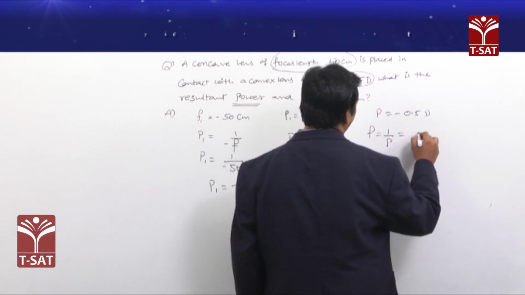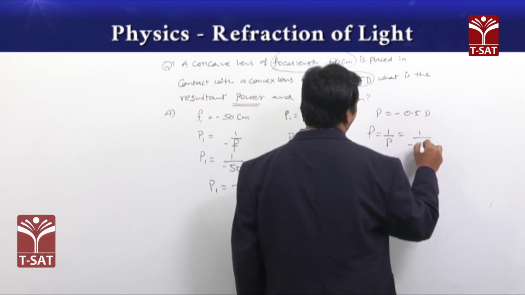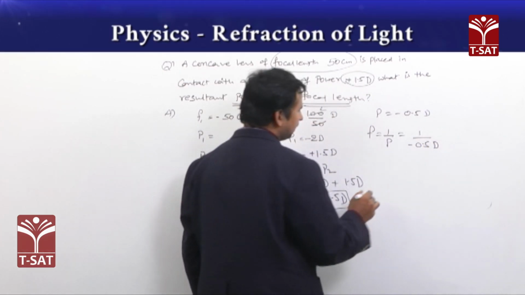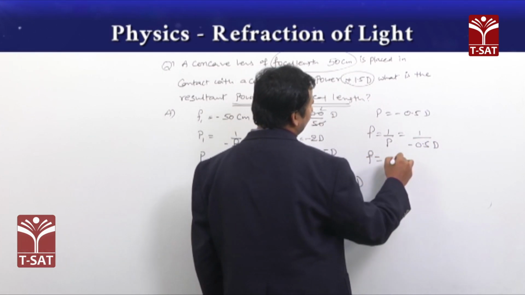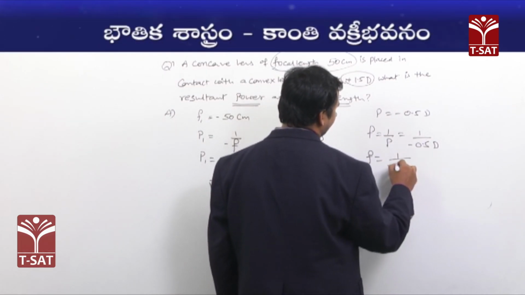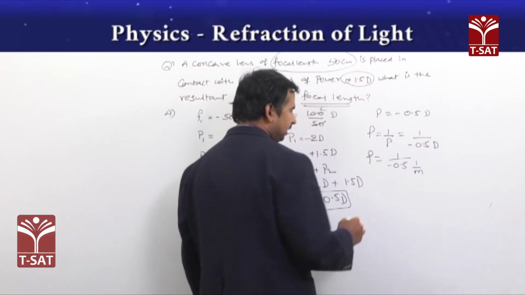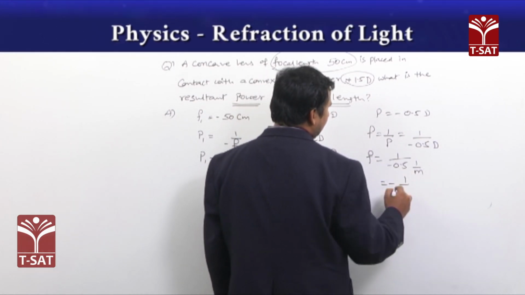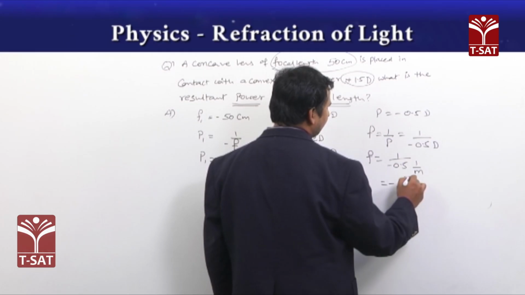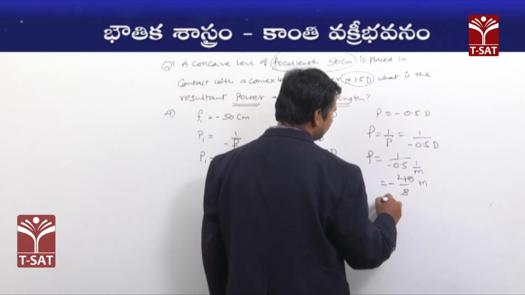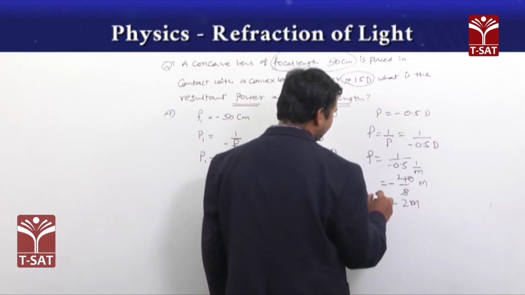Then it is 1 by minus 0.5 D, where a diopter is the reciprocal of meters. So 1 by minus 0.5 per meter, then minus 1 by 0.5, which is 10 by 5, so the meter comes to the numerator.